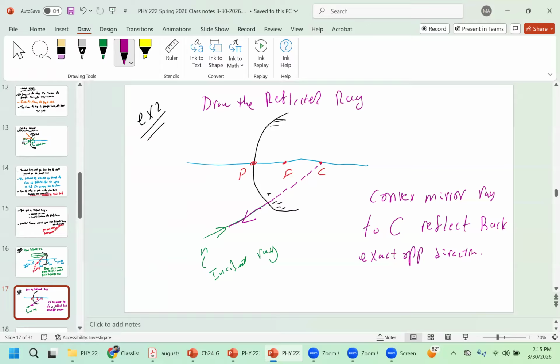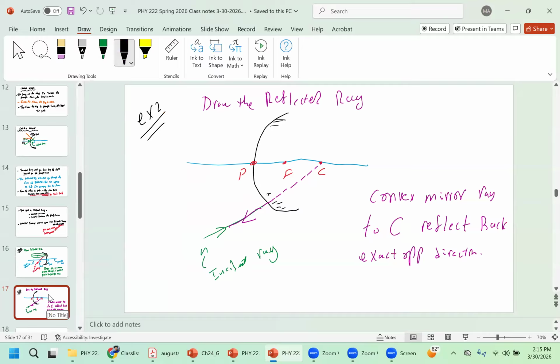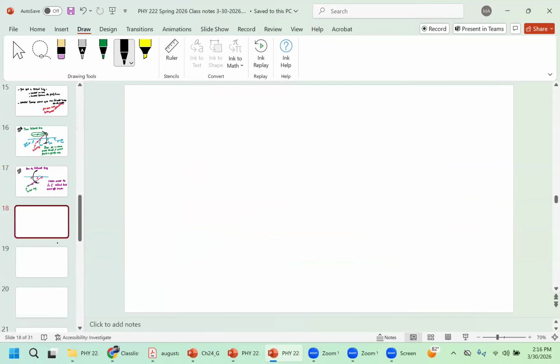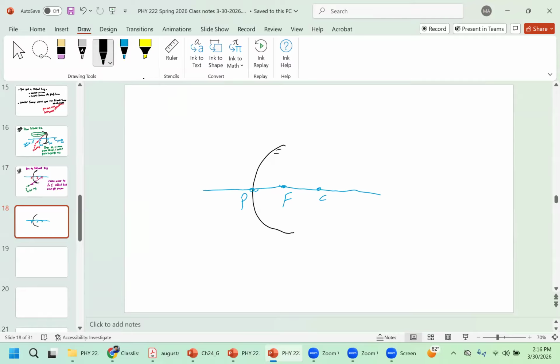Okay, well, let's do another example, shall we? Let's say it doesn't go through the C. Let's say you got this over here, along with your principal axis. Here's your P, here's your F, here's your C. Example three. All right, now let's say it goes in through there.